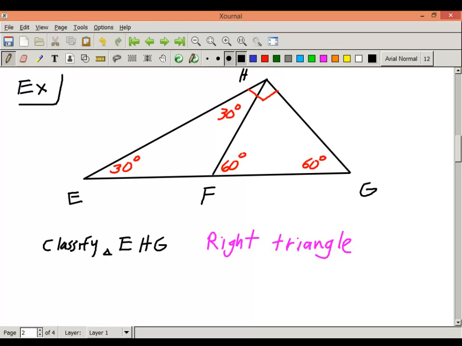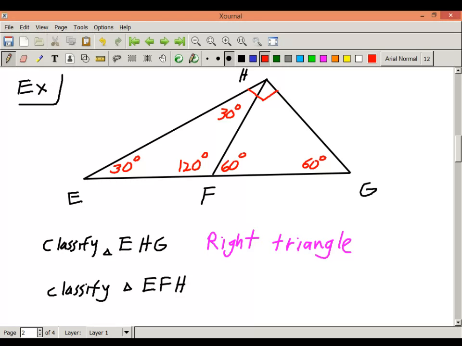Okay, looking at that same drawing, let's classify triangle EFH. So if you look at triangle EFH, you see one angle is 30, one angle is 30, and you notice right down here for angle EFH, that's got to be 120 because you have a linear pair there.